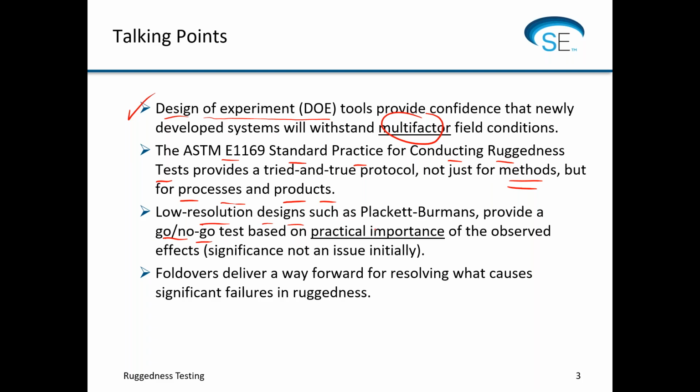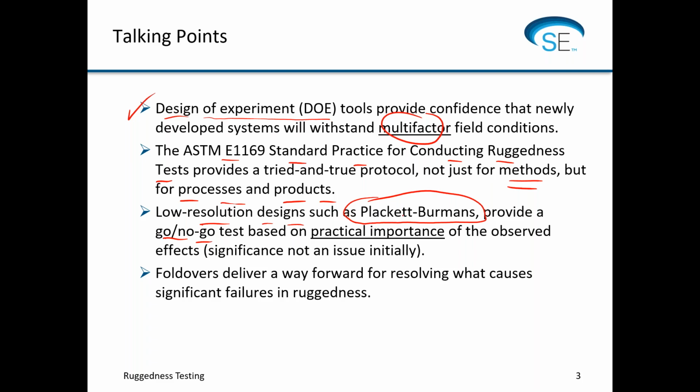One of the designs that works really well for process ruggedness testing, method development, things like that, is a design called a Plackett-Burman. It's not a design that I normally recommend, because a lot of people like it for the fact that it offers powers of 4 versus the normal 2-level designs that are powers of 2.